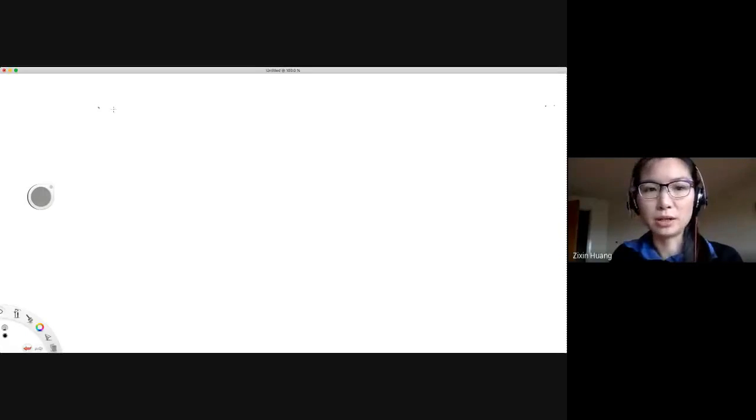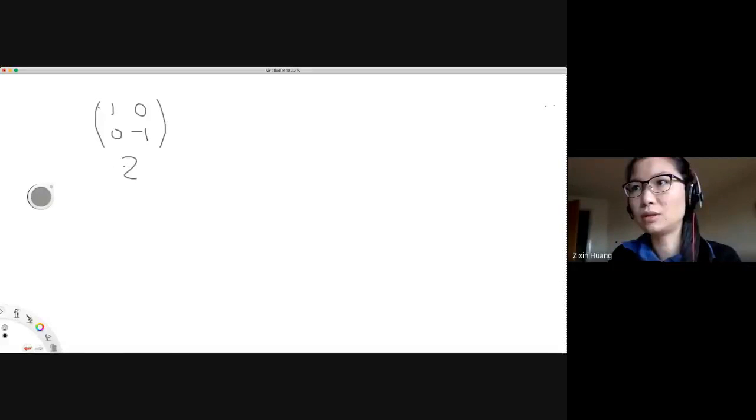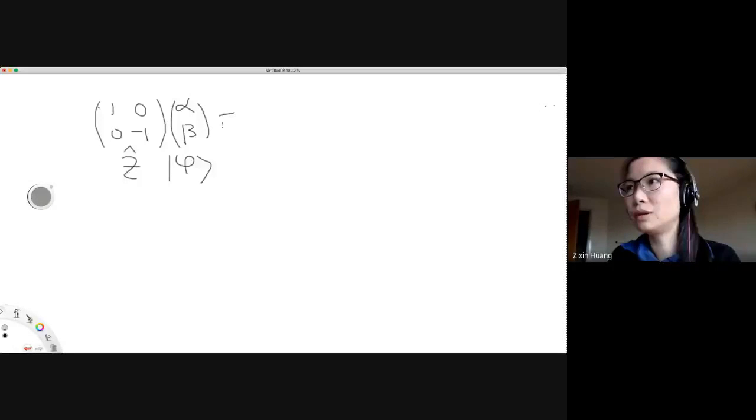So if I have an operator Z, which is [1, 0; 0, -1], and let's say that it acts on the state psi, which is [alpha, beta], this is very simply [alpha, -beta], right?